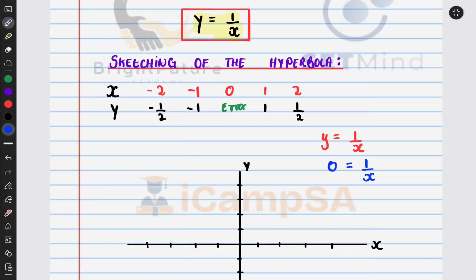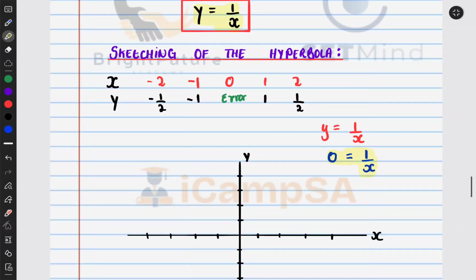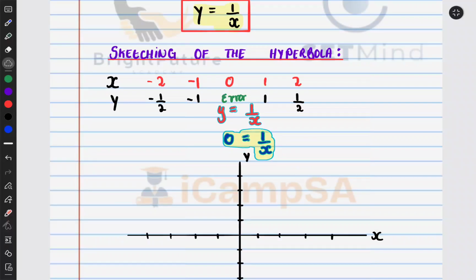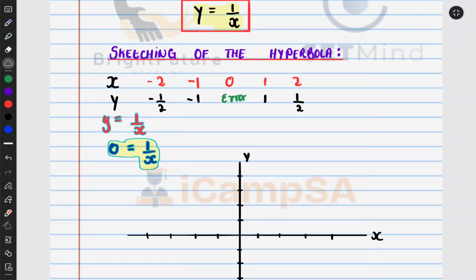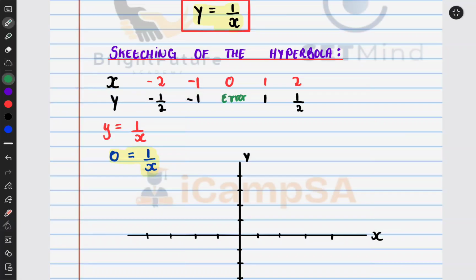So what does this tell us now? This tells us that our function doesn't exist where y is equal to 0. So at that point where y is equal to 0, the function doesn't exist. So maybe let me shift this one to here, and then I want to write something.